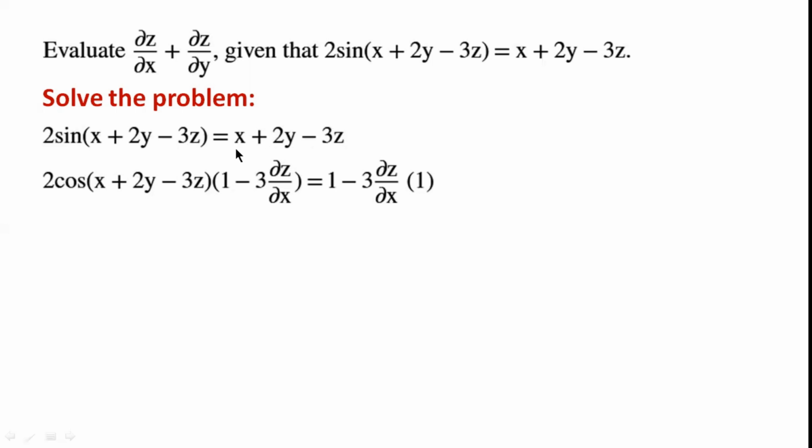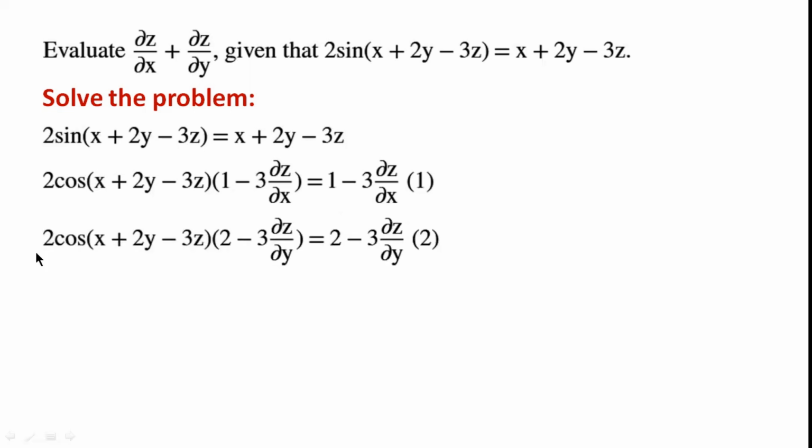Next, we partially differentiate the right-hand side of the equation with respect to x. We know that this is equal to 1 − 3 ∂z/∂x. Next, we partially differentiate both sides of the equation with respect to y.